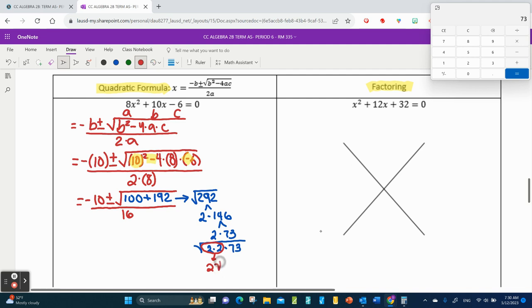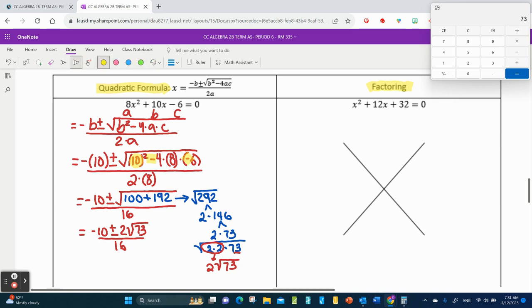The remaining number, which is 73, is stuck in there. And now I proceed. So now my new answer is going to turn into negative 10 plus or minus 2 square root of 73 all over 16.